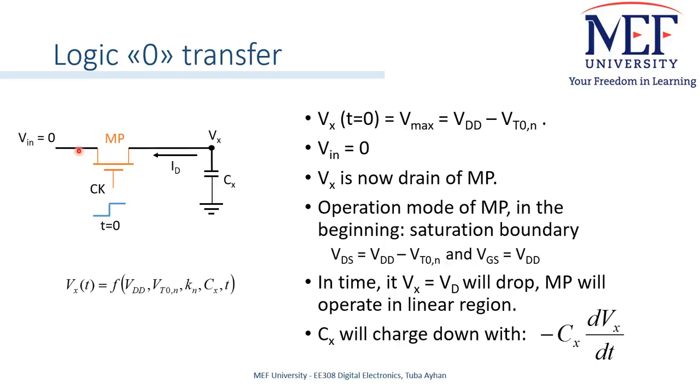Similarly, the circuit can be analyzed when MP is in saturation. However, as Vx drops down while the capacitor Cx is discharging, the operation mode of this transistor will be linear. So we will find a more complicated function for Vx, but still it will be a function of VDD, Vt0 of MP transistor, Kn, Cx, and of course time.